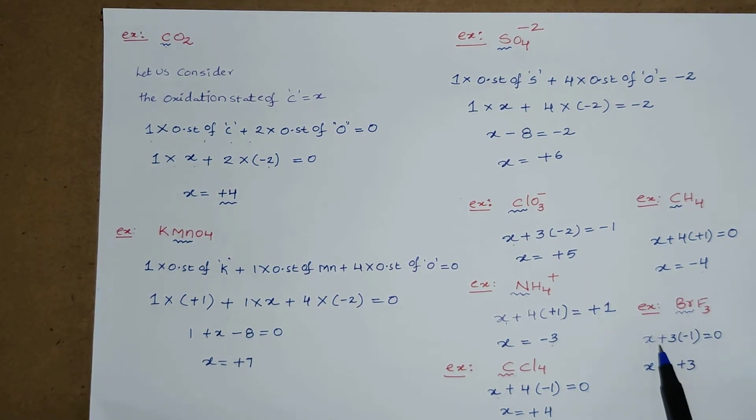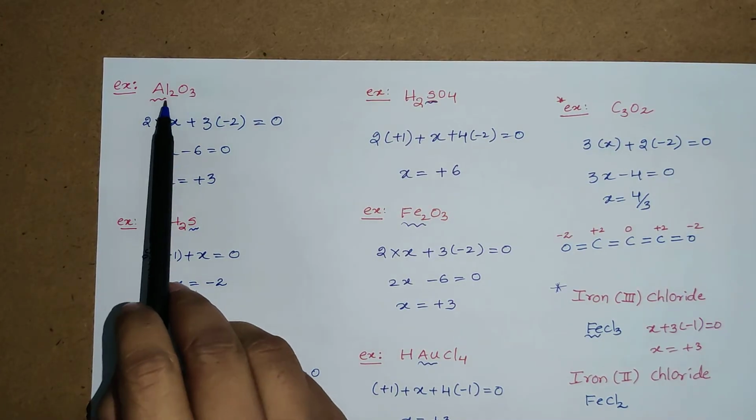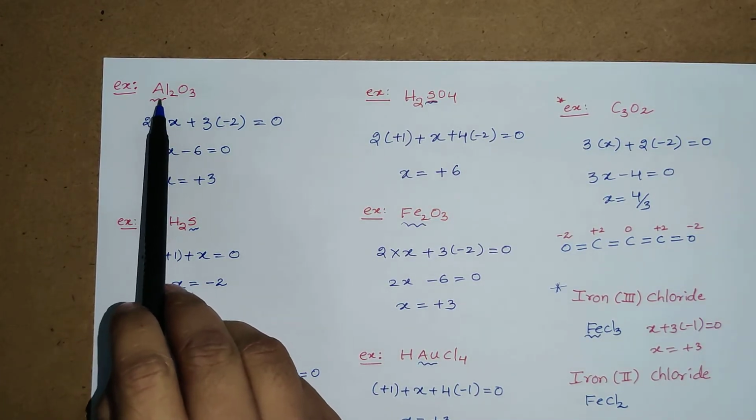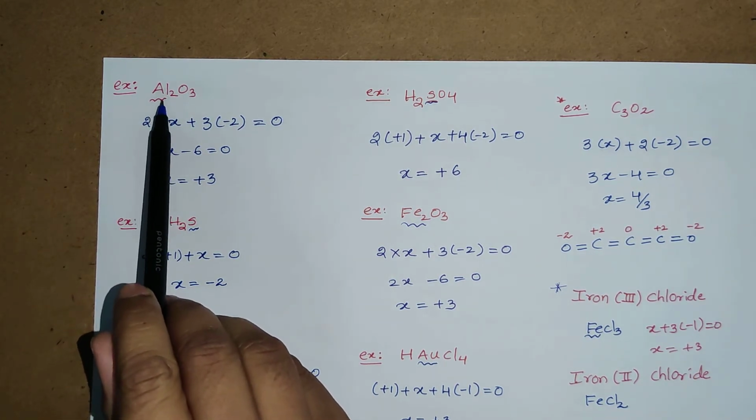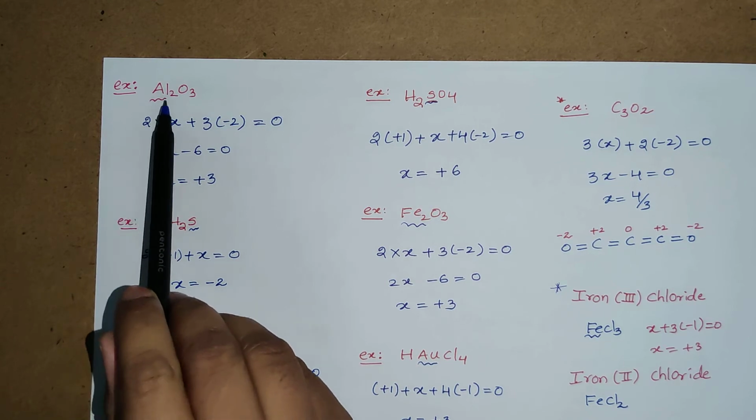Bromine is taken as X plus 3 into fluorine atom, minus 1, that is equal to 0. Then X is equal to plus 3, the oxidation state of bromine. Another example, Al2O3. What is the oxidation state of aluminium? So let us consider the oxidation state of aluminium is X. 2 into X, as 2 aluminiums are there.